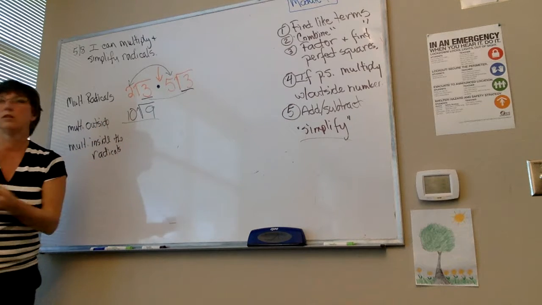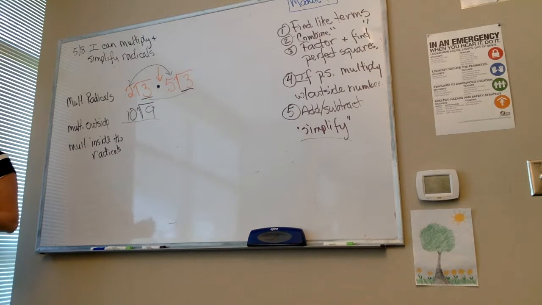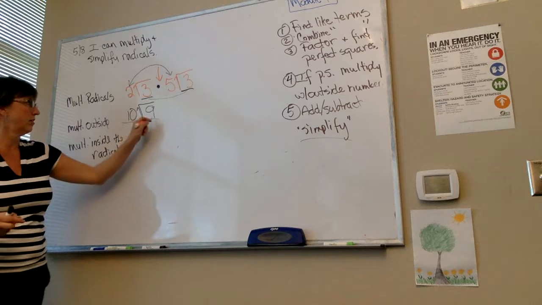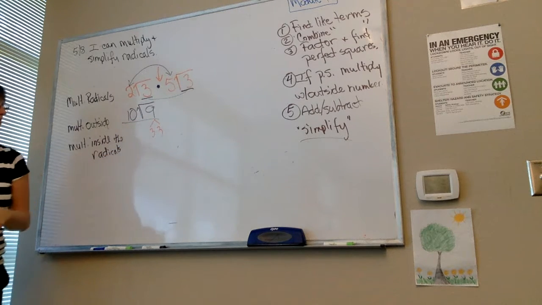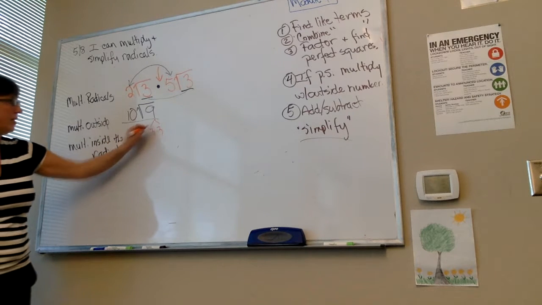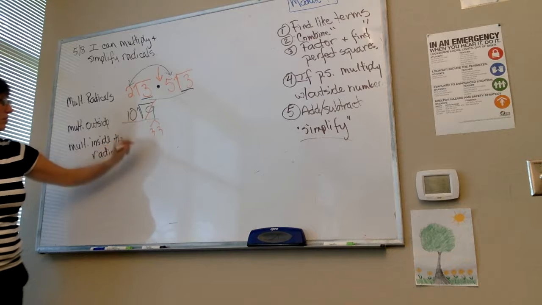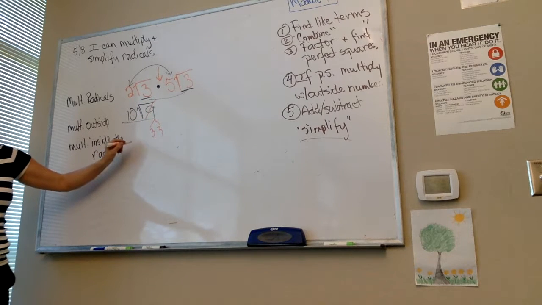Are we done? 10 radical 9. Are we done? What do you think, Colton? Why not? Because you factor 9. You need to factor 9. So from our previous problem, we know that square root of 9 is 3, which means, Katie, when I pull that 3 out, what am I going to do?